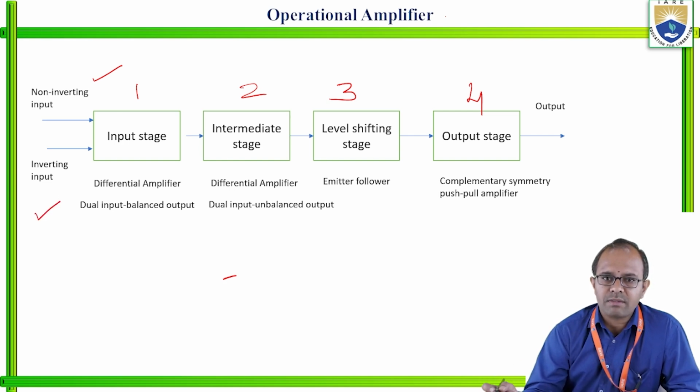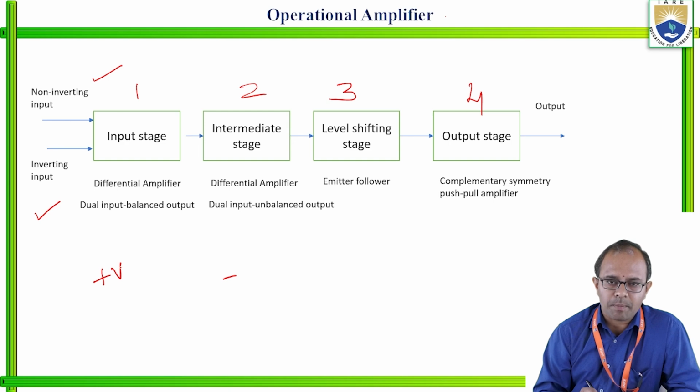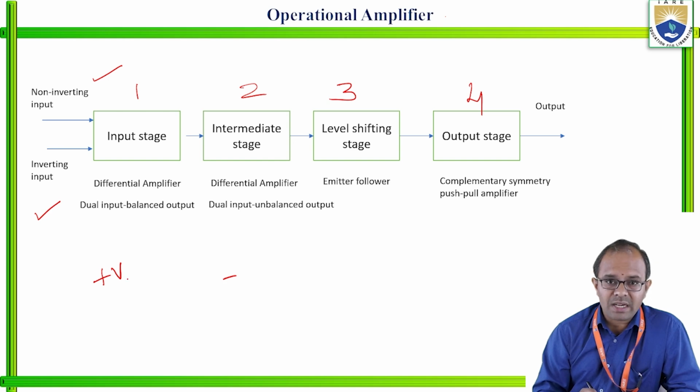Now what is non-inverting? Non-inverting means we are going to provide plus V. Whatever signal you apply to this terminal is supposed to be positive, a positive voltage, which is the non-inverting input. The other input is the inverting input.